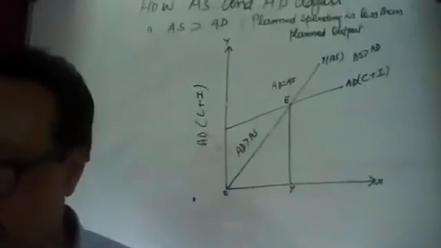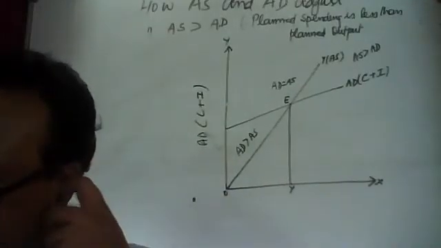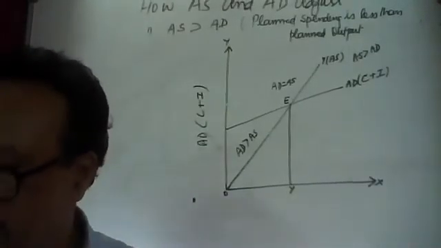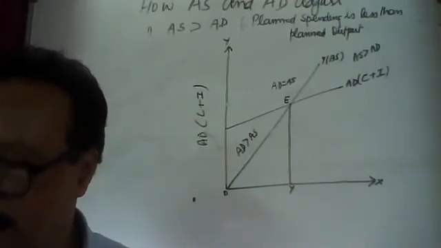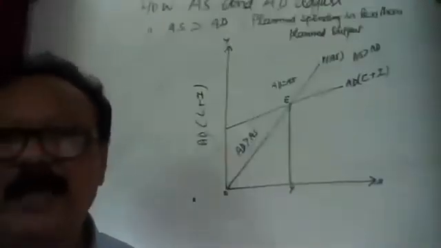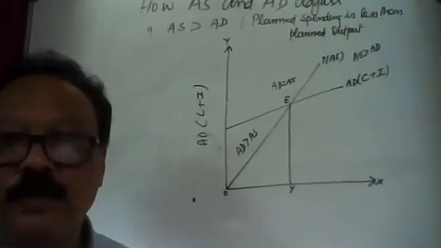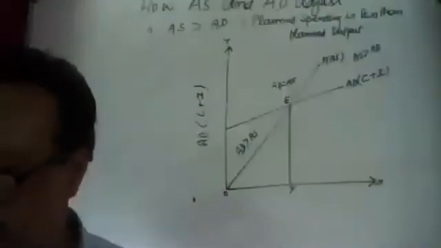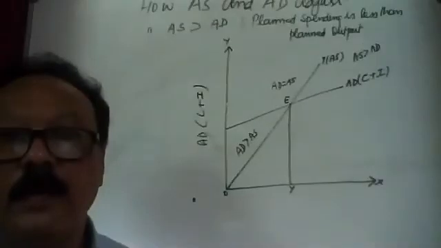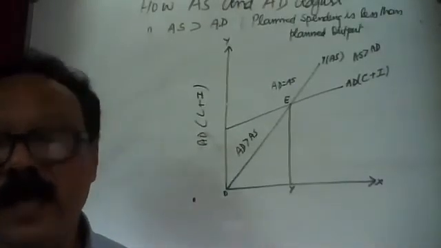When planned spending is less than planned output, AS is greater than AD.